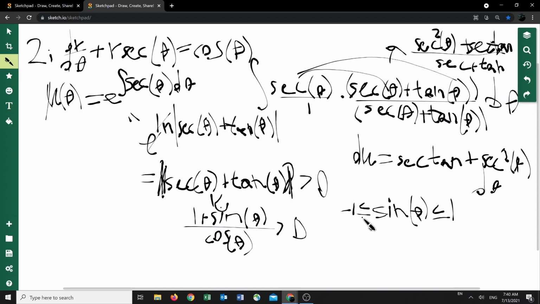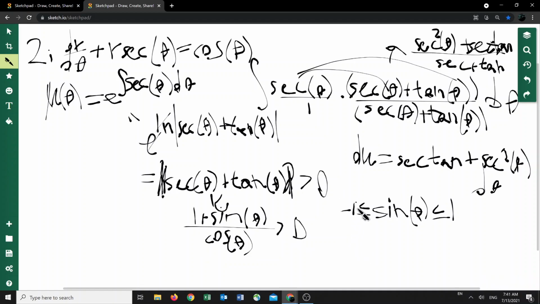So in this case, sine can't be equal to negative 1, otherwise this would be 0. Since we're assuming that it's not 0, it's always going to be positive. But that just tells us that we want to find whenever cosine is positive.